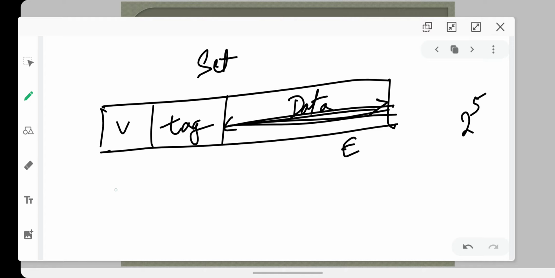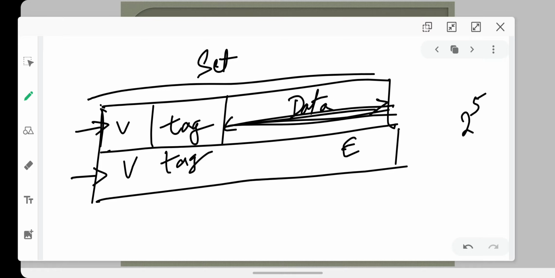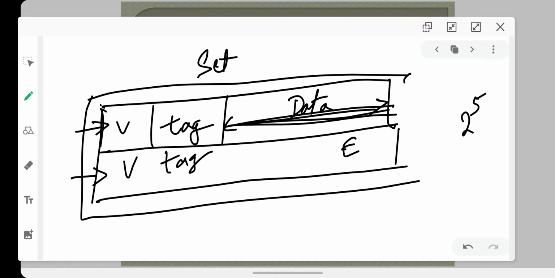Where I have told this set, this set can have a number of lines. So in this one set, you can have a number of lines or blocks of data, and each line is going to have a valid bit, some tag bits, and the data bits.